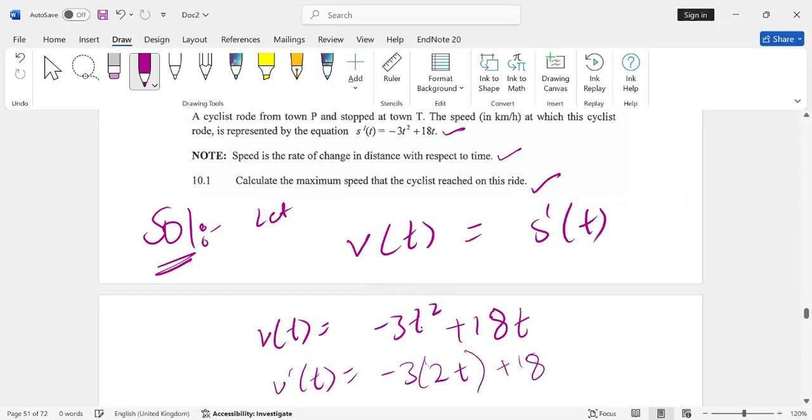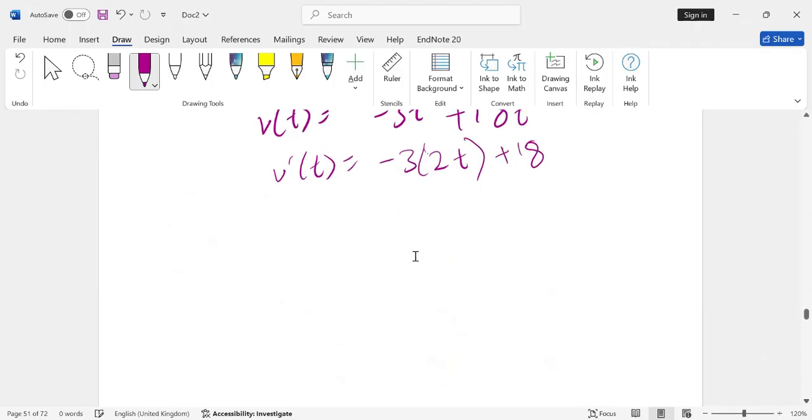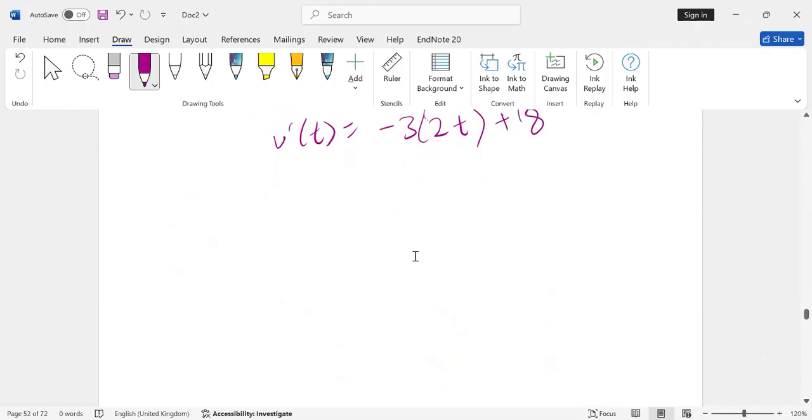So we have v prime of t equals minus 6t plus 18.